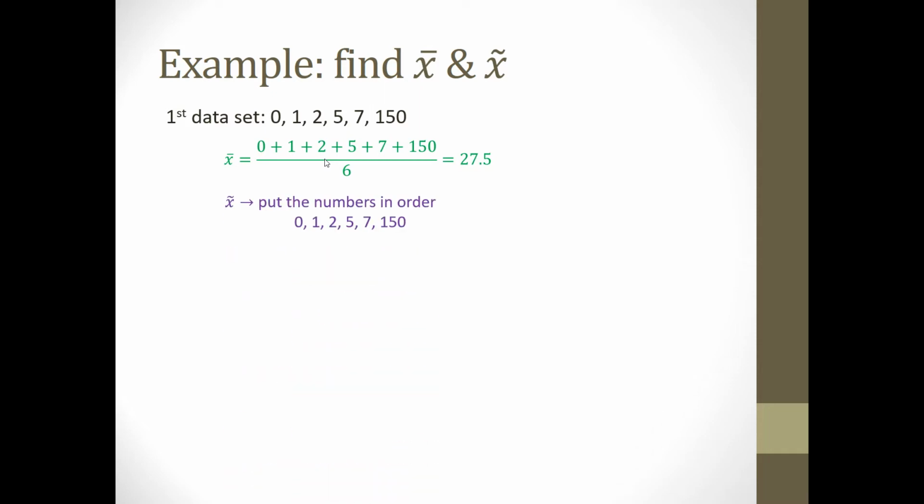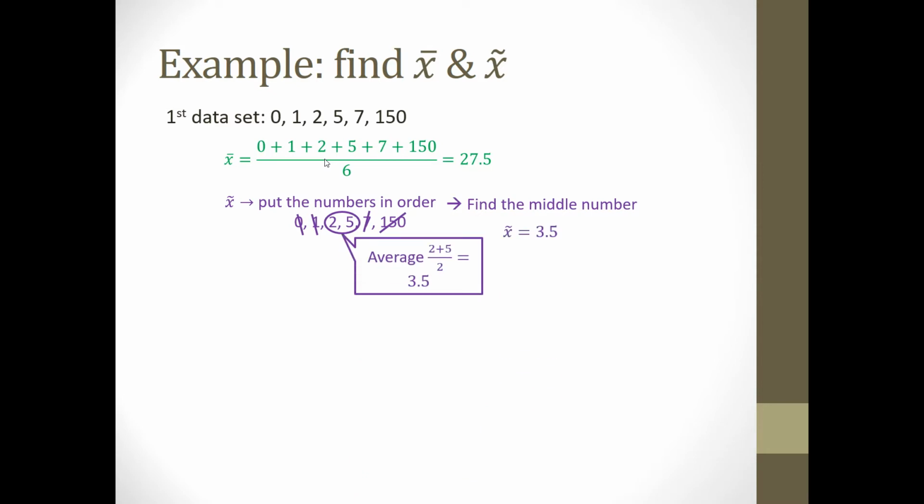The median, we put the numbers in order and find the middle number. I have 2 numbers, so I average them, and that means my median is 3.5. Can you see how big of a difference that is? This 150 is skewing the data towards the right. The 27.5 is a lot bigger than this 3.5.